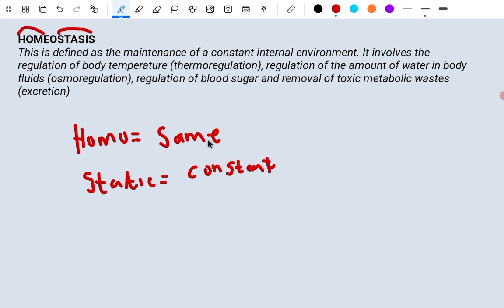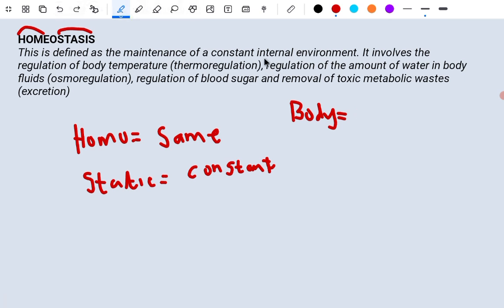Homeostasis looks at the human body. You can talk about the body of a human being, or the body of any animal, which has a skin that surrounds it.